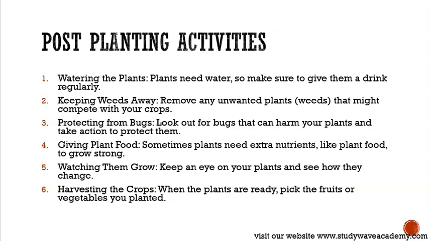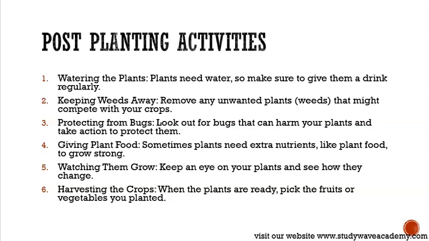Protecting from bugs. Look out for bugs that can harm your plants and take action to protect them. Keep an eye out for small insects that might harm your plants. If you see any, you take action to protect them. You remove them. Okay?